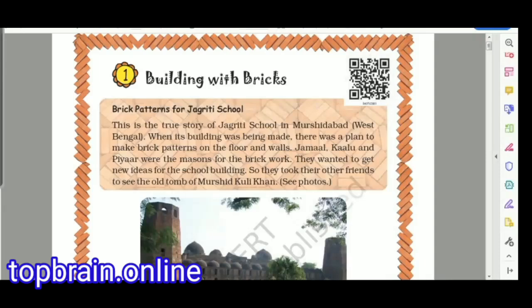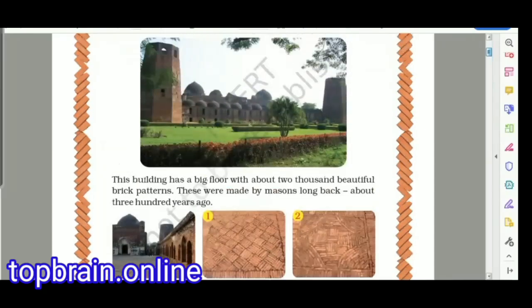This is your first page of the chapter Building with Bricks. Observe this picture. This is a tomb called the Old Tomb of Murshid Quli Khan, which is situated in Murshidabad of West Bengal. In this tomb, different patterns of floors were made.